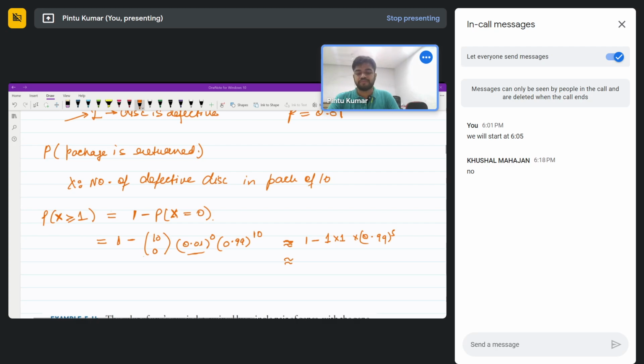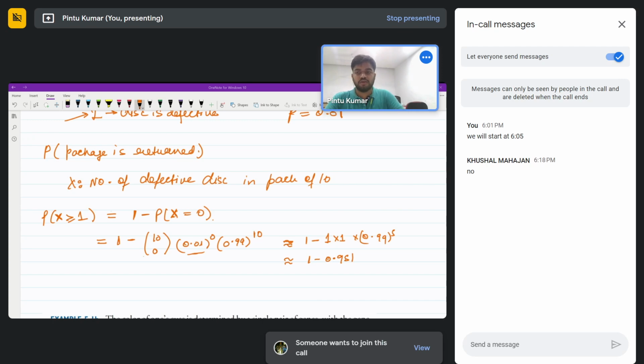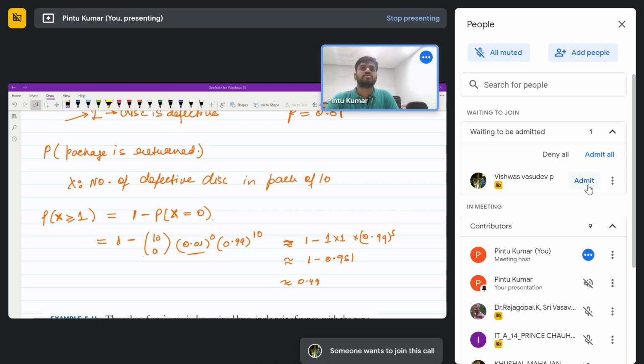So 0.99 to the power 10 is 0.951 approximately. So this is 1 minus 0.951, so this is 0.049, right? So this is how we can go about a binomial distribution. Okay.